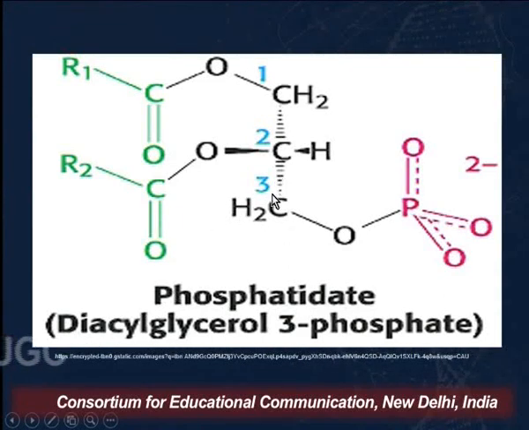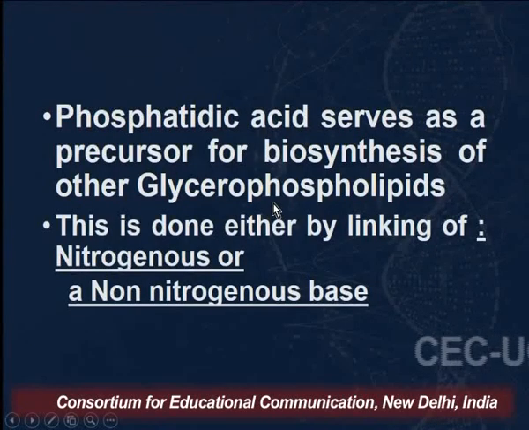At the third position we have a phosphoester bond, where the third hydroxyl group of glycerol is attached to phosphoric acid. This molecule is known as phosphatidate, or diacylglycerol 3-phosphate, because it has 2 acyl groups and the phosphate group is present at the third carbon atom. This is the simplest unit which will be present in all phospholipids.